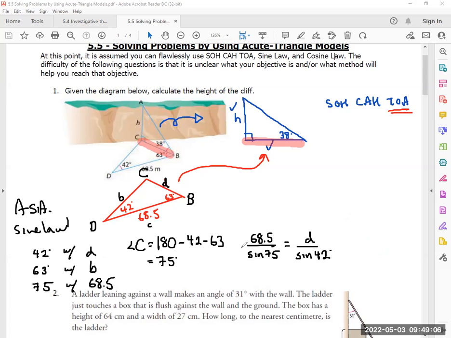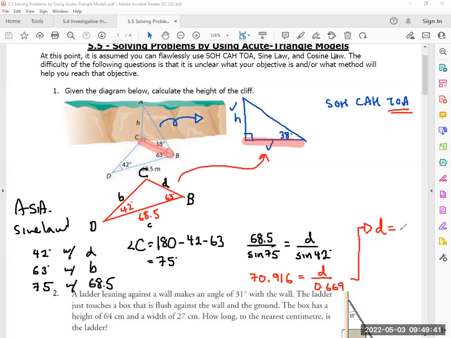68.5 divided by sine 75 is approximately 70.916. This is D over sine 42. You know what? Let's do sine 42 so we have all numbers: 0.669.